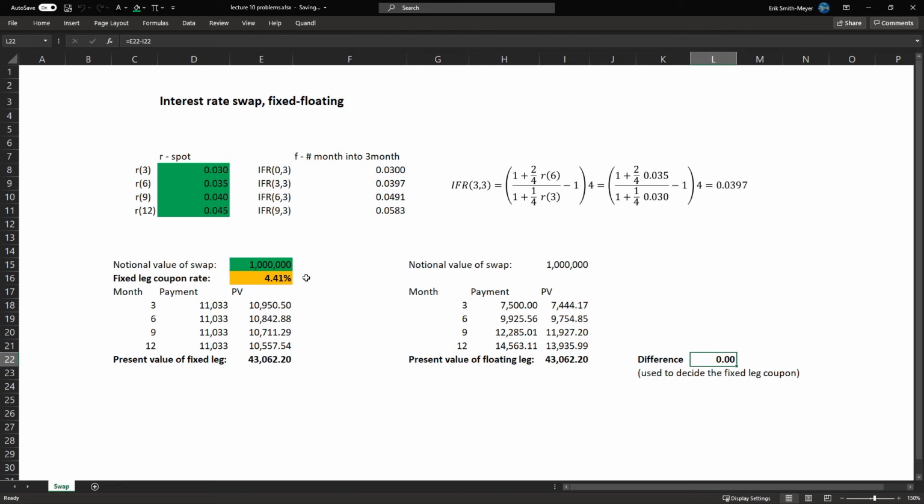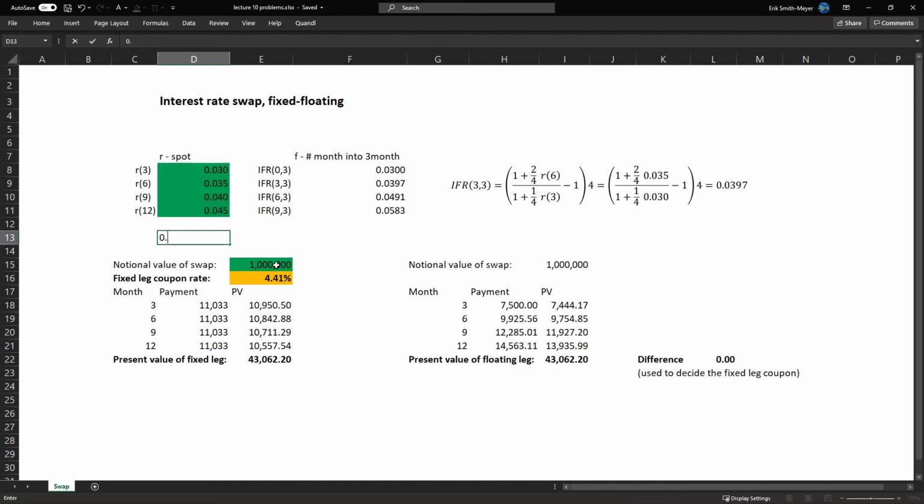Another thing to keep in mind is what if you enter the interest rate swap, and the very next day the interest rates change. Let's say that the spot curve experiences a parallel shift of 0.5 percentage points, okay, 50 basis points.